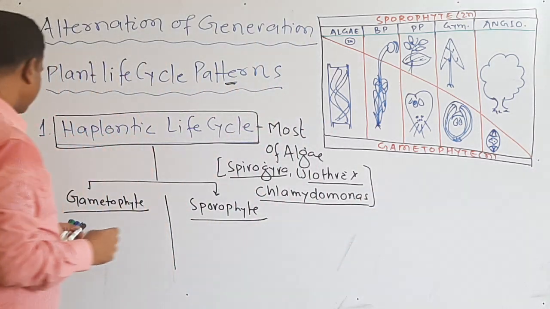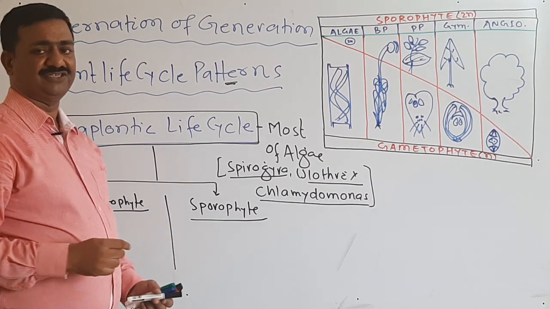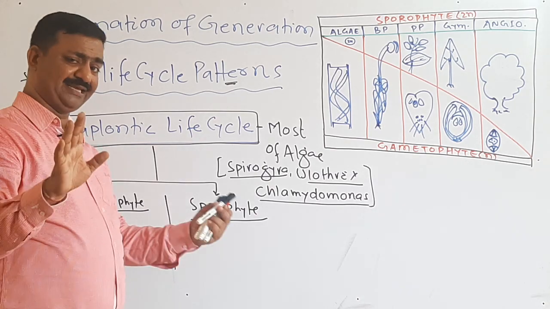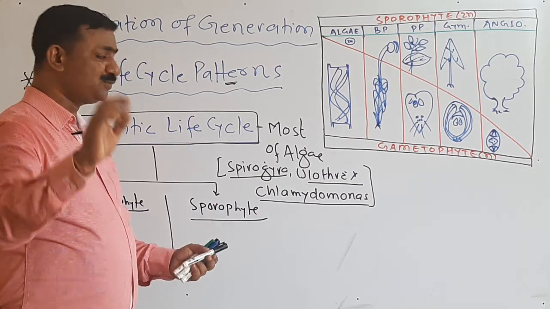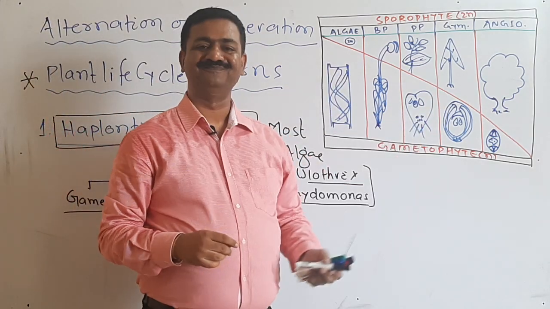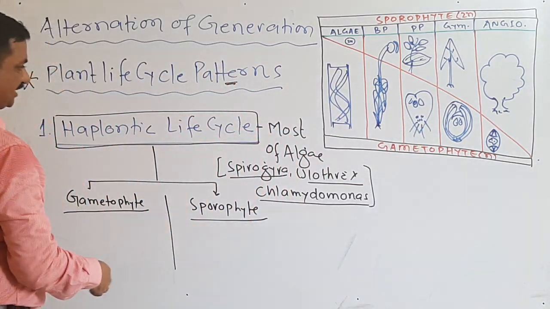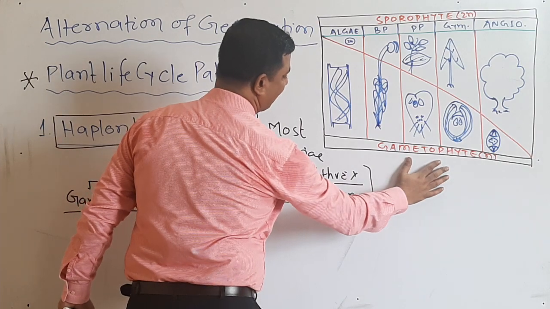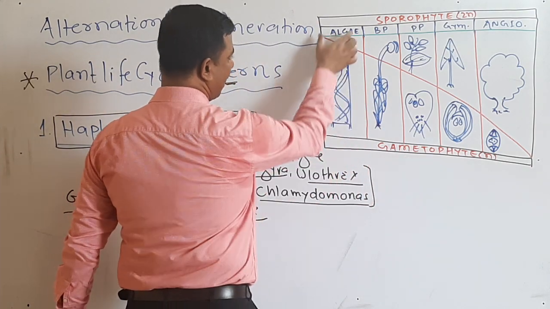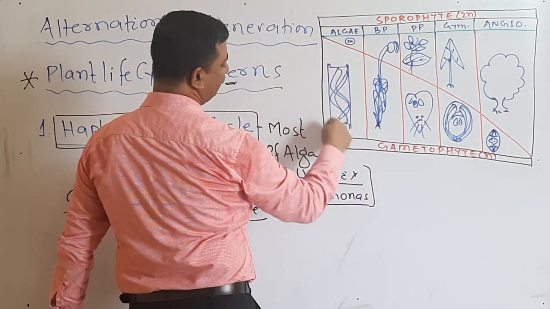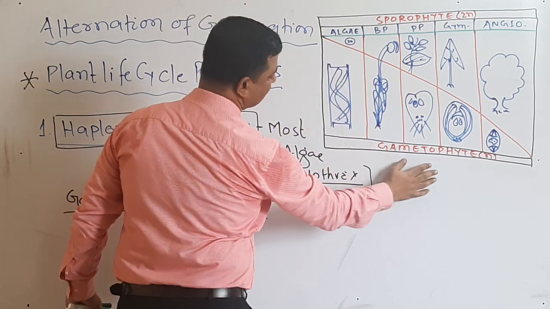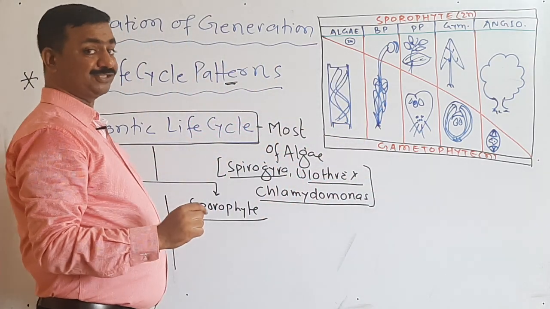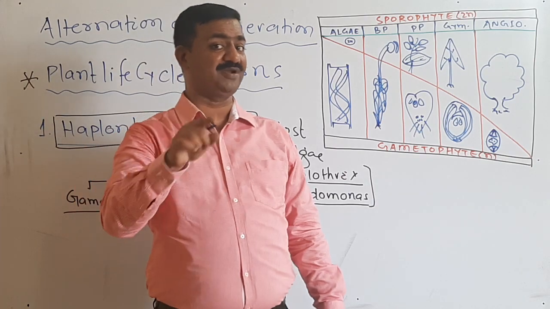Now, I am talking about sporophyte and gametophyte. You will tell me very easily by observing this diagram. What are you finding? See, this is the gametophyte. More than 90% of the body is the gametophyte. So is this gametophyte dominant or short-lived?